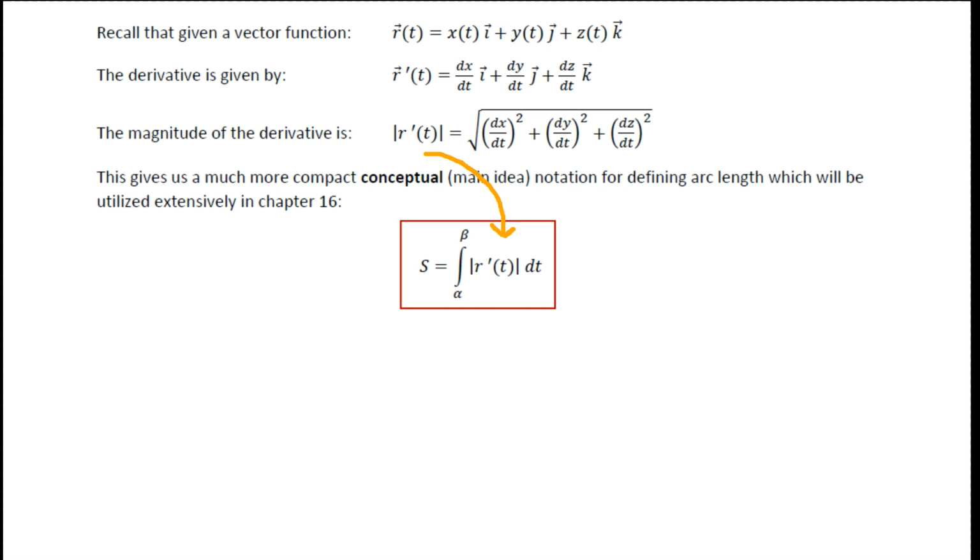And actually, this gives me a much more compact and kind of conceptual notation for defining arc length. And we're going to actually use this formula quite a bit in the upcoming chapter about vector calculus. This formula will absolutely be showing up quite a bit again, because arc length is going to be very, very important when we start talking about these things called line integrals.